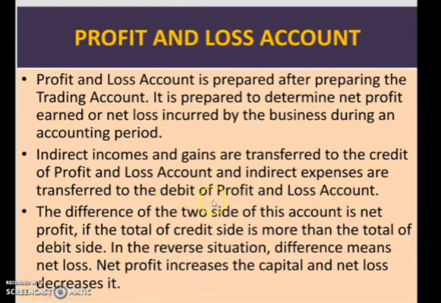So students, you should know that when you prepare a profit and loss account, all the indirect incomes or gains are recorded on the credit side, and all the indirect expenses or losses are recorded on the debit side of profit and loss account. The difference of the two sides of this account is net profit.